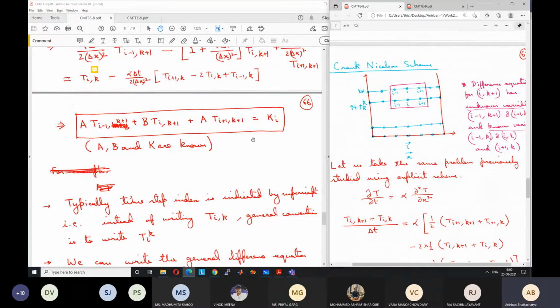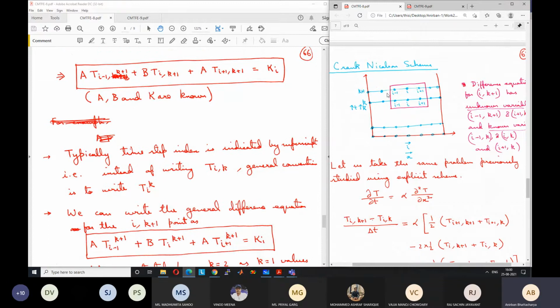So we have one equation and three unknowns. Similar equations can be derived for all the grid points. How many grid points are there? If I have n grid points, i going from 1 to n, for i equal to 1, the value is known because of the boundary condition. For i equal to n, the value is known because of the boundary condition.